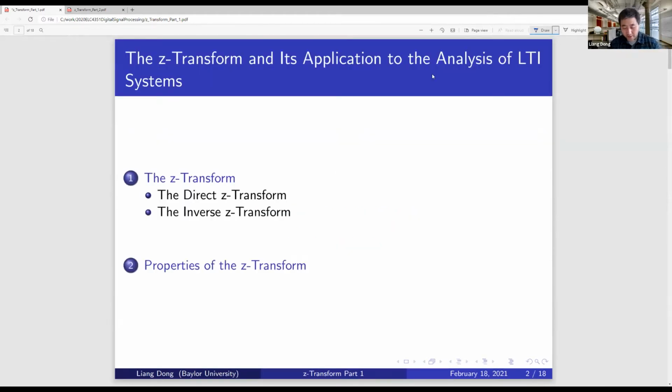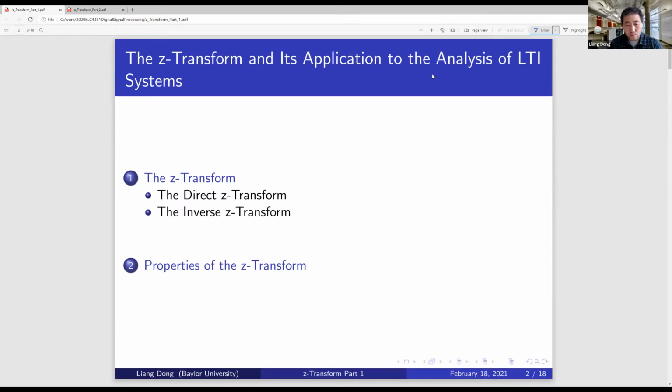A very useful math tool called the Z transform. We're given the direct Z transform, which transforms a time domain signal into a Z domain signal. And then we have an inverse Z transform, which takes a Z domain signal back to a time domain signal.